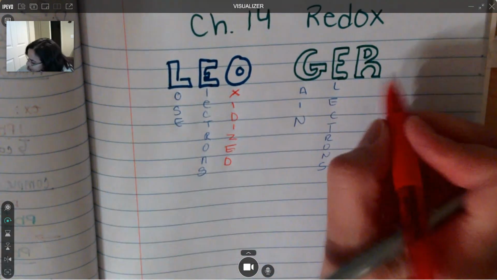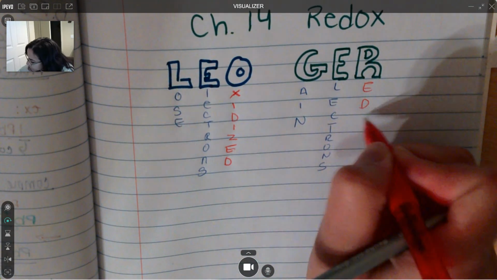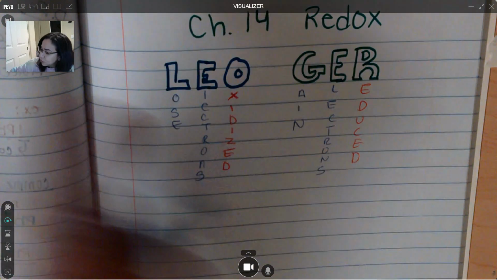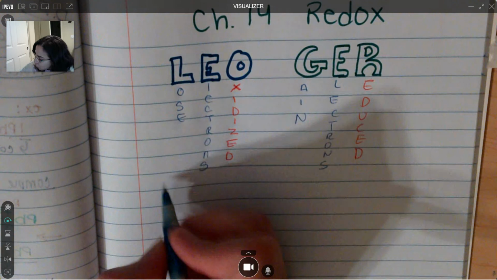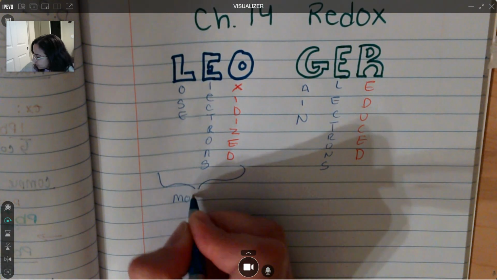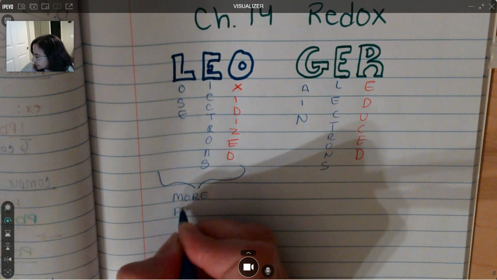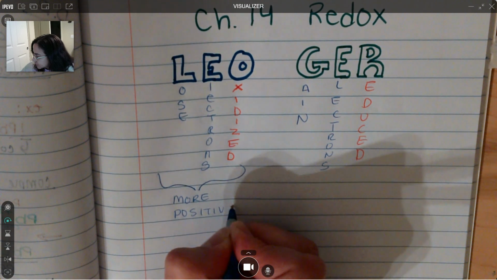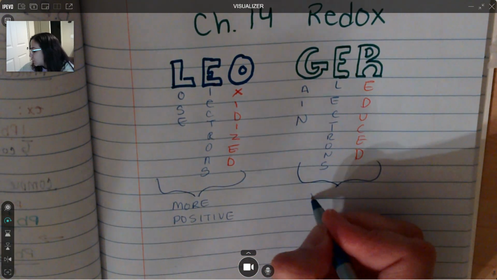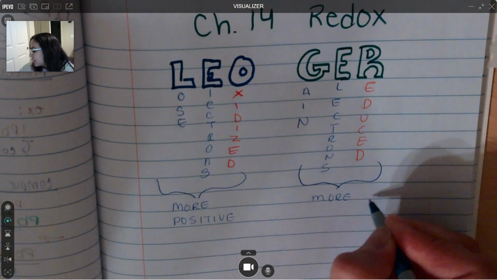That means you're going to be reduced. So when you lose electrons, you're more positive. When you gain electrons, you're more negative.